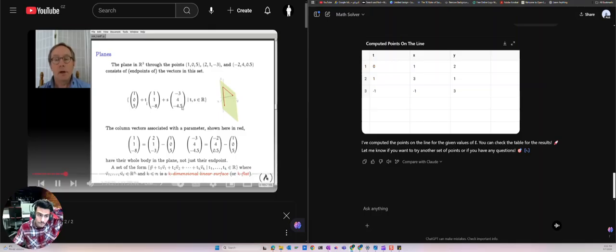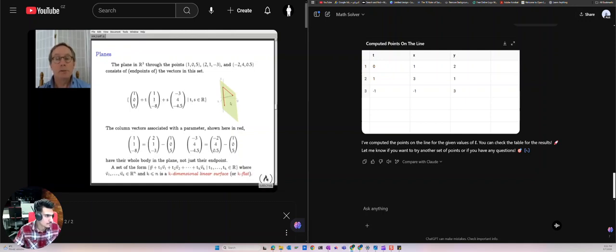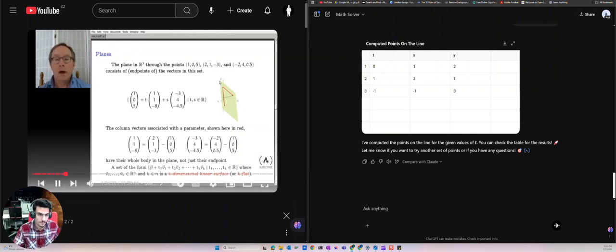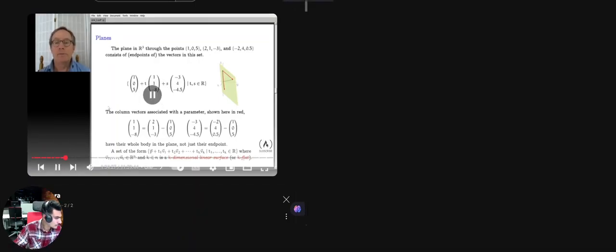This is, of course, going to be a two-dimensional linear surface because a plane is flat, so 2 dimensions.